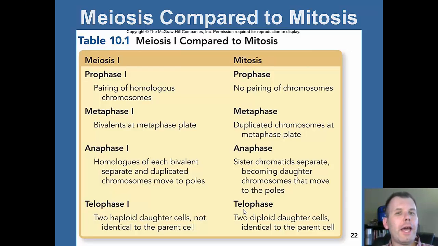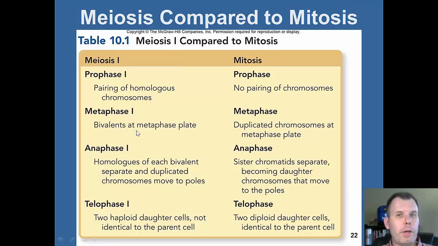So we can look at the differences between mitosis and meiosis, and here's basically it all written out. And this is found in your book, and you can look at this, and it's also in your lab book, looking at the differences between mitosis and meiosis and what happens at these different stages. Now, think of meiosis 1 as a reduction. You don't reduce the number in mitosis. You reduce it in meiosis. And so you can look at all these different things, the bivalences versus all of them lining up.